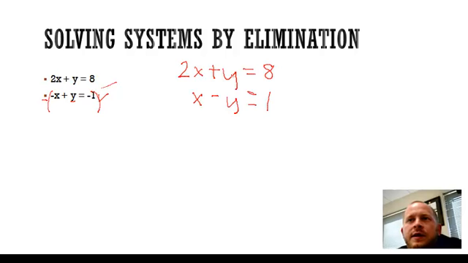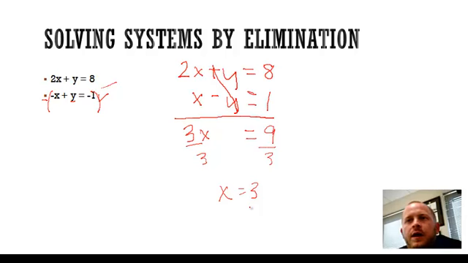So now you can see that these will eliminate each other if we go ahead and add these together. So we get a 3x. These will eliminate. A 1 minus a 1 is a 0, so we don't need to put it. And 8 plus 1 is going to be 9. Divide both sides by 3, and we get x is equal to 3.